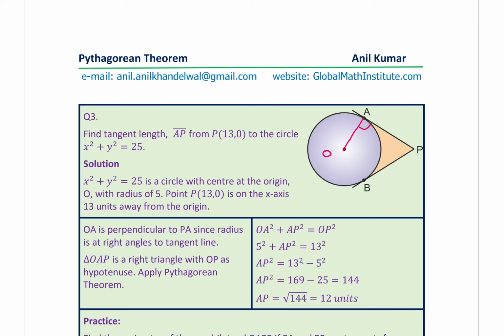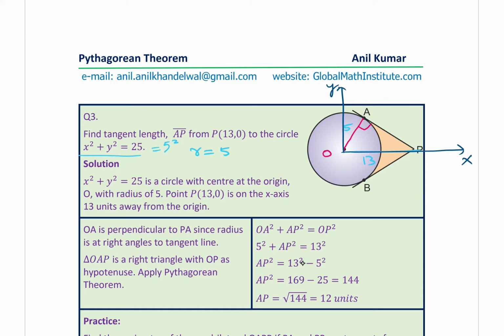We also said that the circle is x squared plus y squared equals 25, which is 5 squared. So that means the radius is equal to 5. So this is 5 for us. On the other side, O to P is 13 for us since this is on the axis, correct? So you could always draw the axes here as x and y.